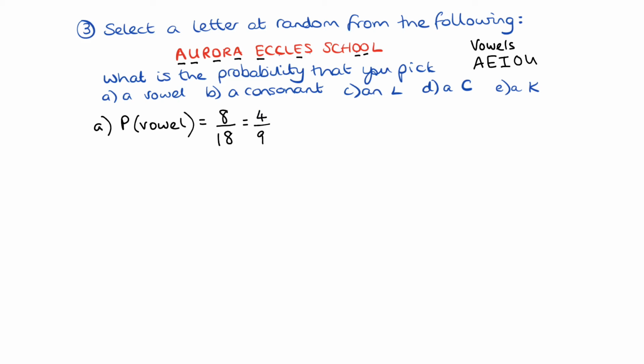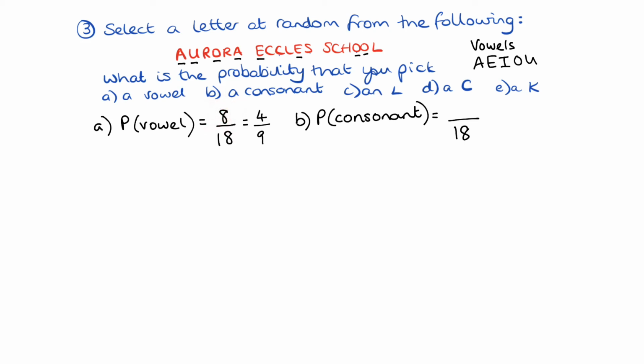Okay, next one. A consonant. Probability of getting a consonant. We've still got 18 letters there. And do we need to count how many consonants we've got? Because consonants are all the letters that aren't vowels. So if we know that 8 of the letters are vowels, then the rest must be consonants.